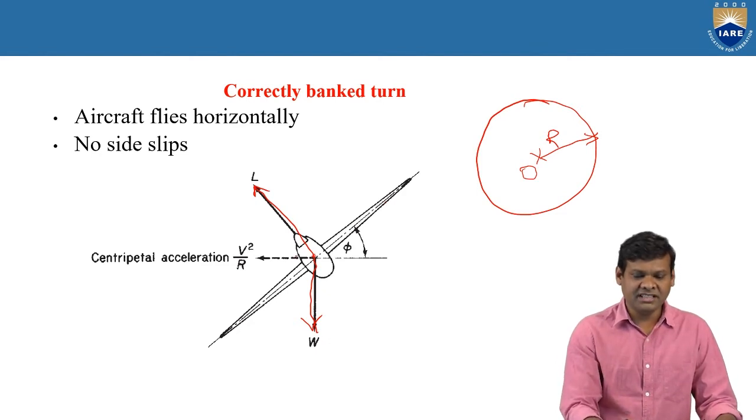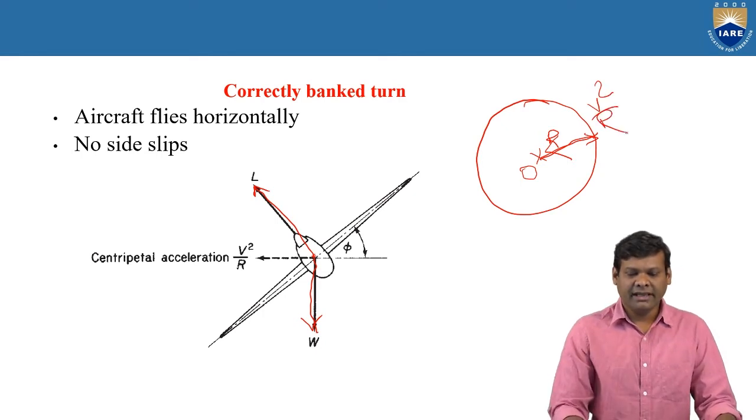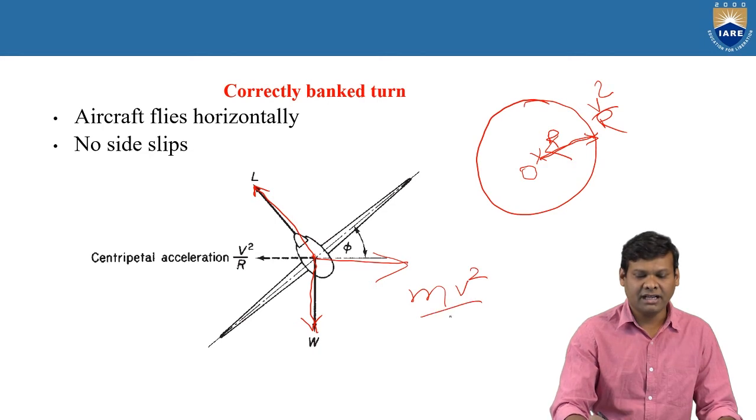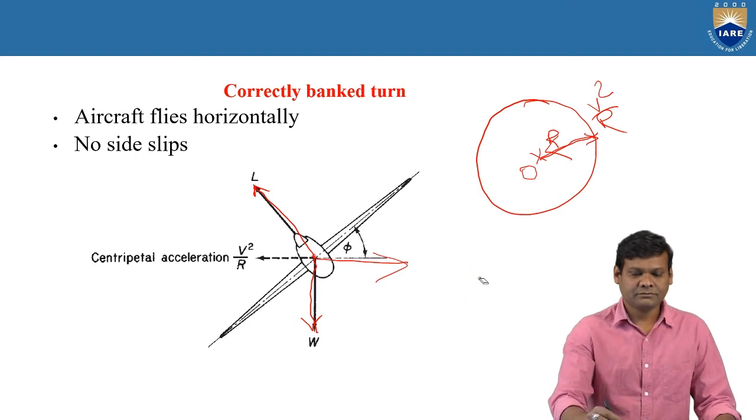You may see that the centripetal acceleration is acting towards the center with magnitude V square by R, and the centripetal force will be acting in this direction with magnitude m V square by R, where m is the instantaneous mass of the airplane.